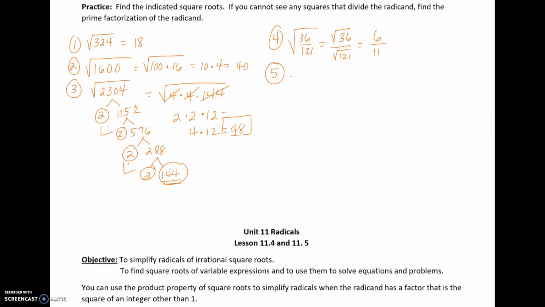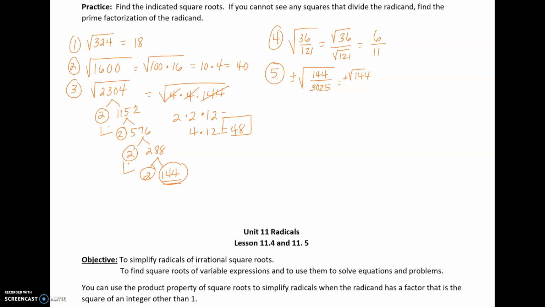144, so this has positive or negative in front of it, and that's okay. Square root of 144 over 3025. I'm going to go ahead and break down the radical to the numerator and the denominator.